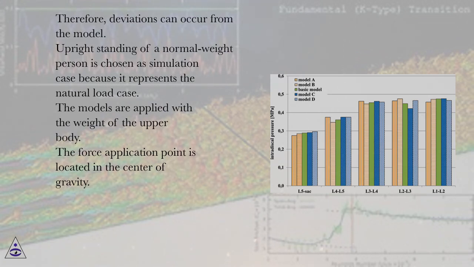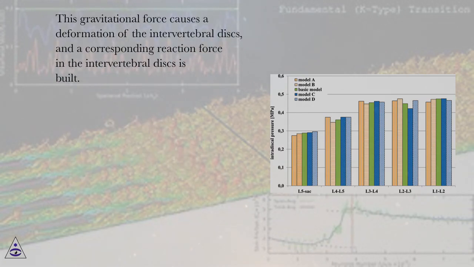Upright standing of a normal weight person is chosen as simulation case because it represents the natural load case. The models are applied with the weight of the upper body. The force application point is located in the center of gravity. This gravitational force causes a deformation of the intervertebral discs, and a corresponding reaction force in the intervertebral discs is built.